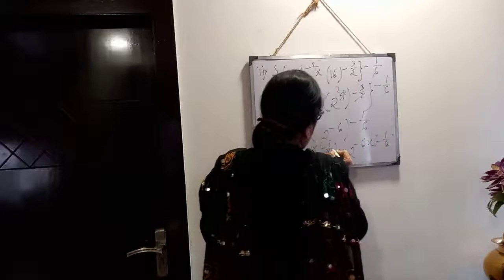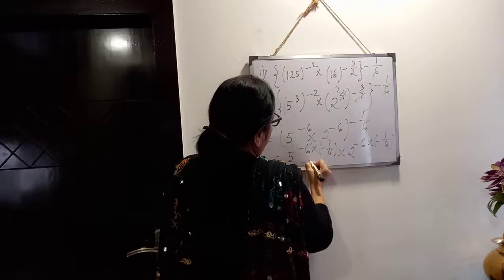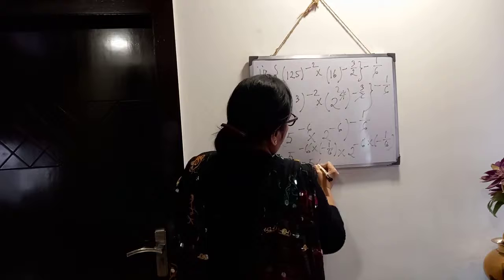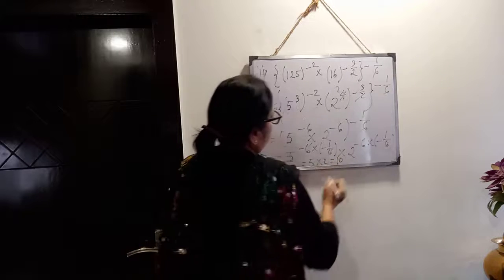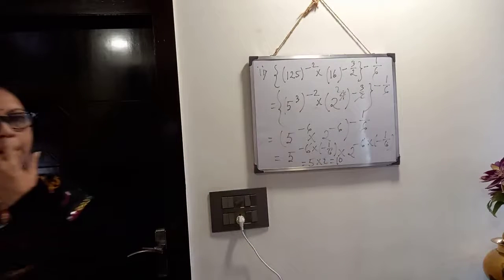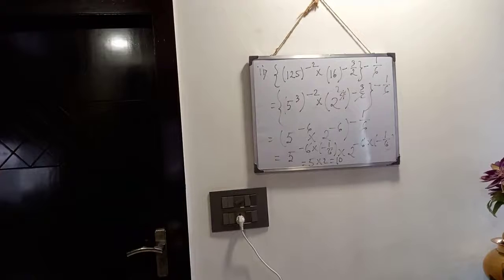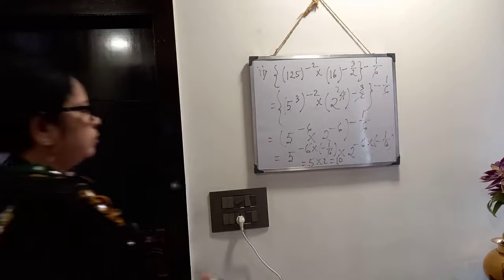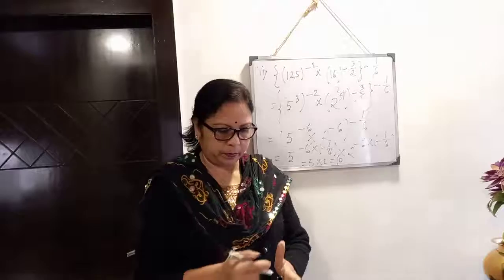Now this and this cancel out, minus minus plus, and here also minus minus plus, answer is 10. Now this is the answer. Clear?